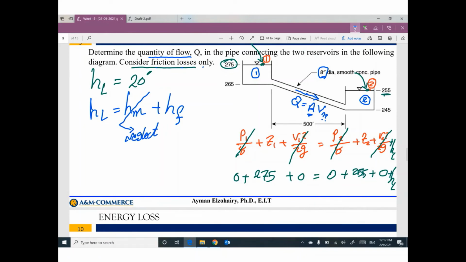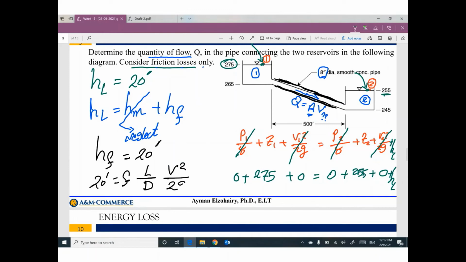So the final conclusion is H friction equals 20 feet. So the loss in this pipe due to friction equals 20 feet. This 20 feet equals F L divided by D times V squared divided by 2G. That makes sense?